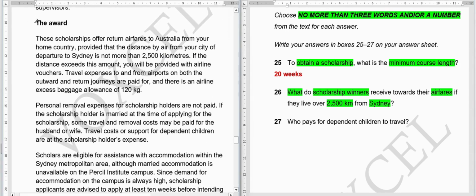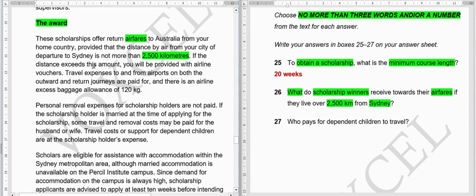The award. So I believe here the location should be. These scholarships offer return airfares. So here something about airfares to Australia from your home country, provided that the distance by air from your city of departure to Sydney is not more than 2500 kilometer.